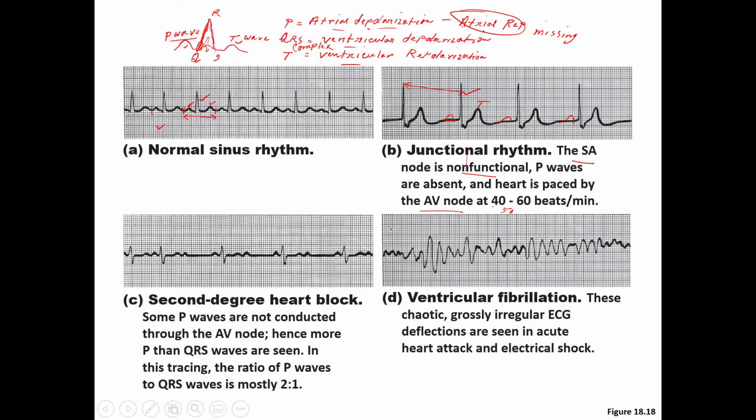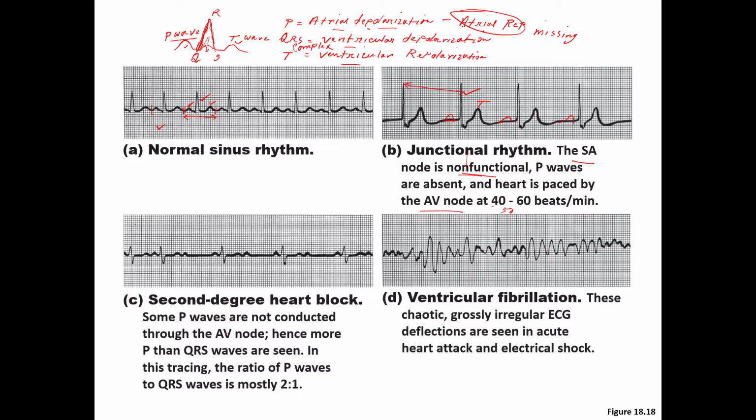We classify heart block by different criteria. One criterion is the degree of heart block: first degree, second degree, and third degree heart block. First degree heart block if the SA node is non-functional.